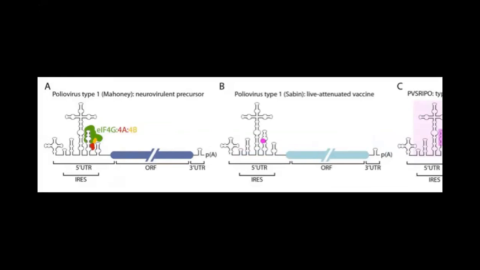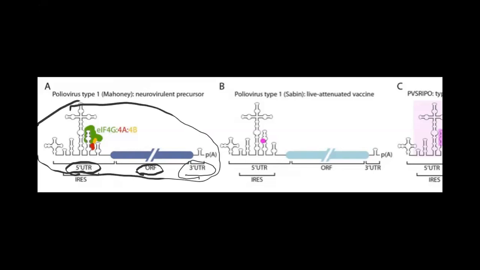For figure A, just to do some basics, you have a 5' and a 3' untranslated region. That's the UTR. And then you have the open reading frame, which is the bulk of the proteins that are going to be expressed from this messenger RNA. So what you're seeing here is a messenger RNA.